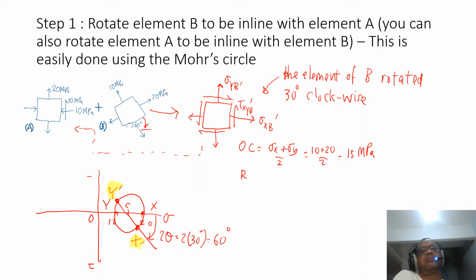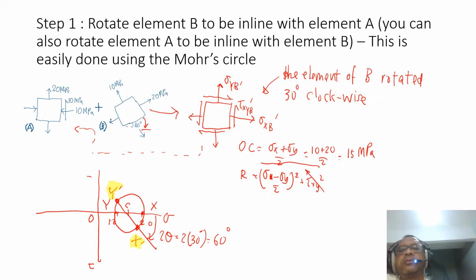The radius is the square root of sigma X minus sigma Y over 2 squared plus tau xy squared. But here tau xy is 0, so it's just the difference: 20 minus 10 divided by 2 is 5 megapascal.